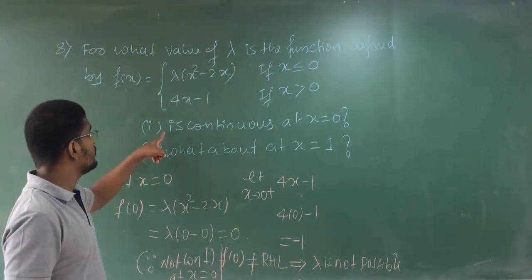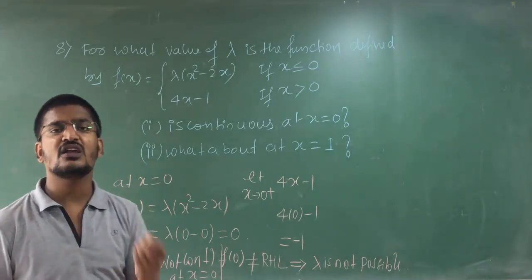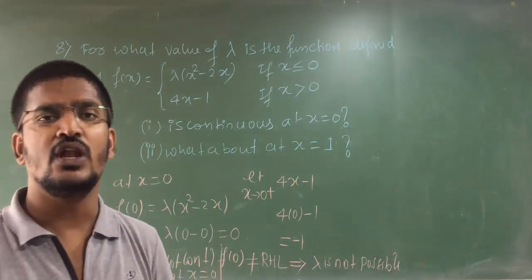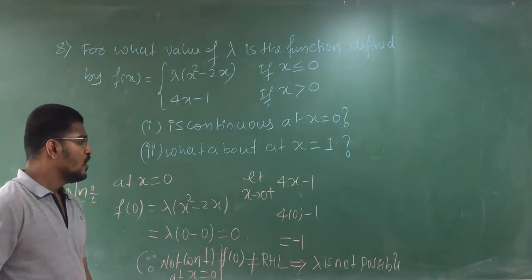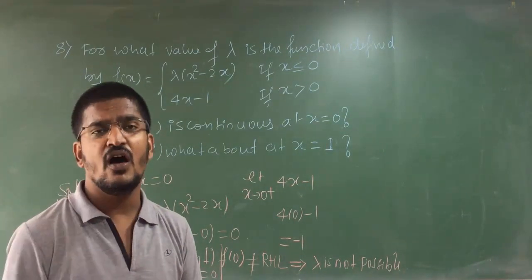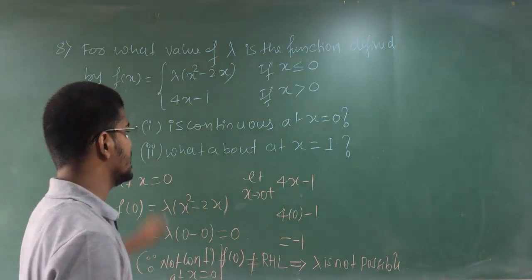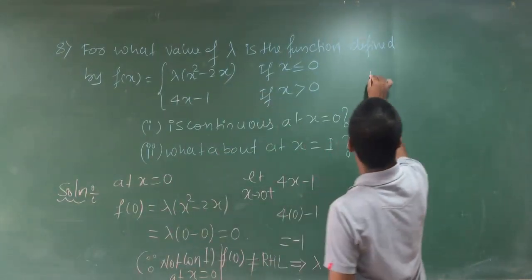Hence, for the first question, it is not continuous at x equal to 0. Clear, students? So now you got the idea of the first question. Let us go for the second one.